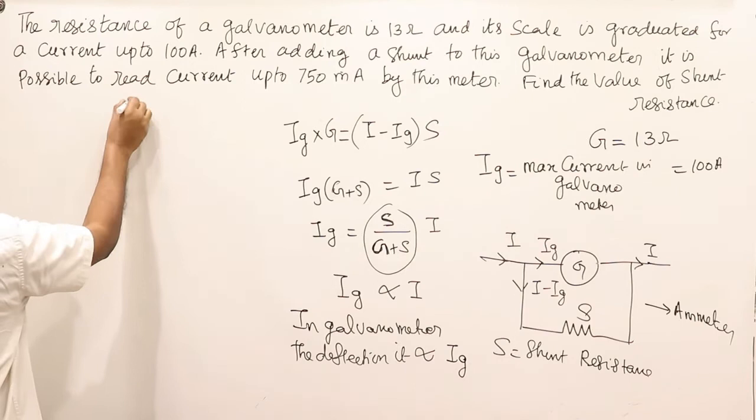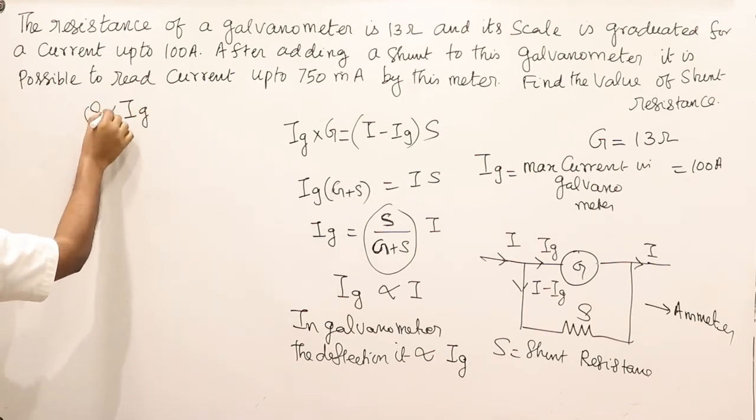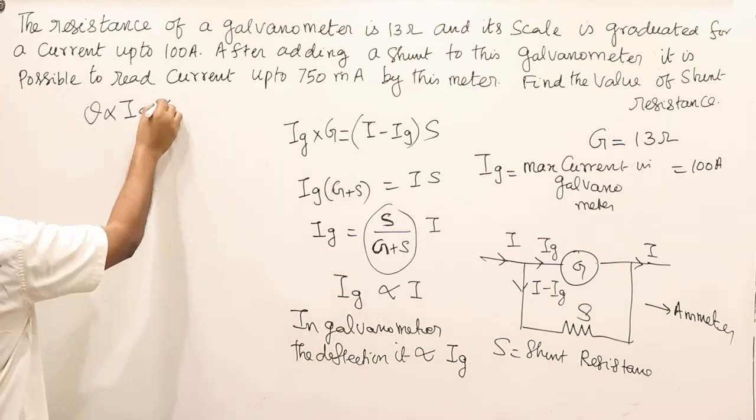That is, theta is proportional to Ig, and Ig is proportional to I.